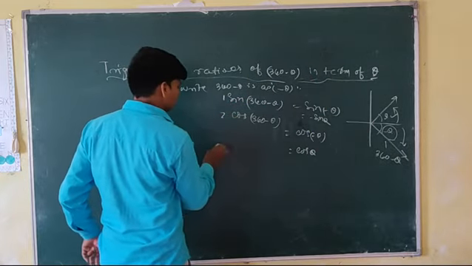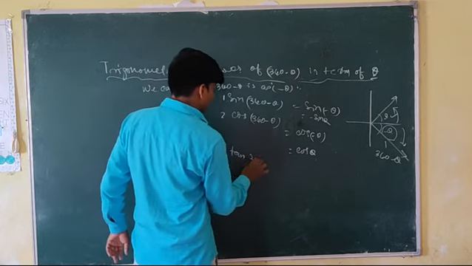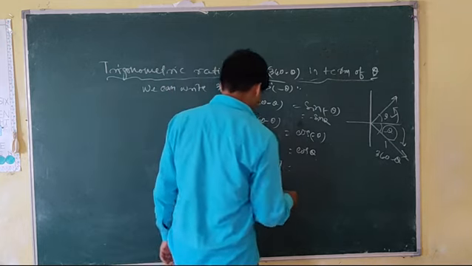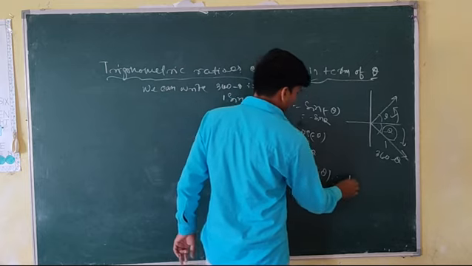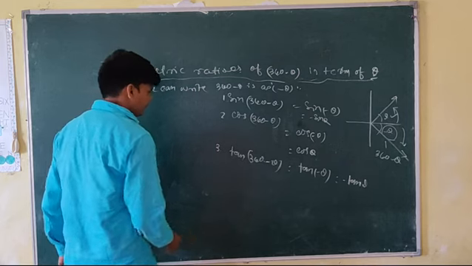Tan of 360 minus theta equals tan minus theta, that will be minus tan theta. It is already proved in your previous class.